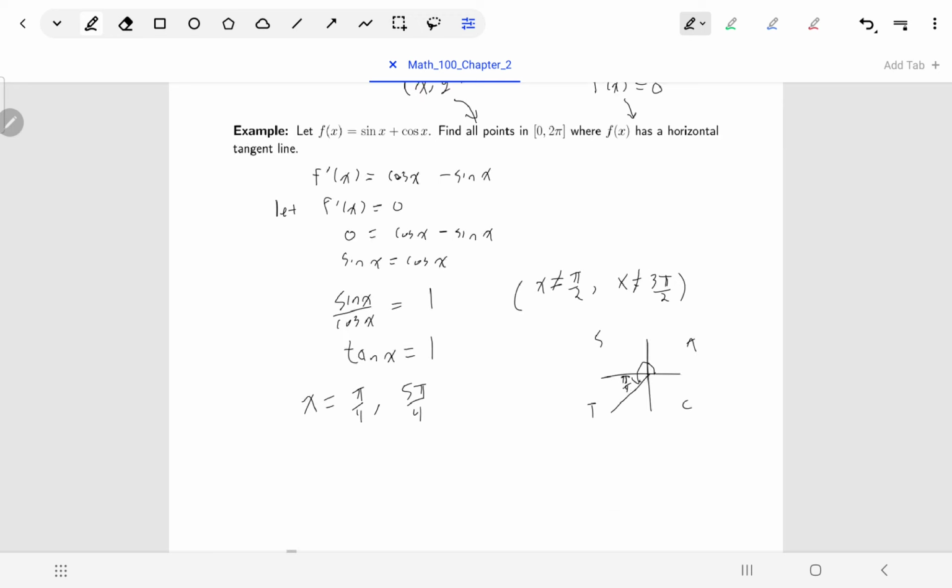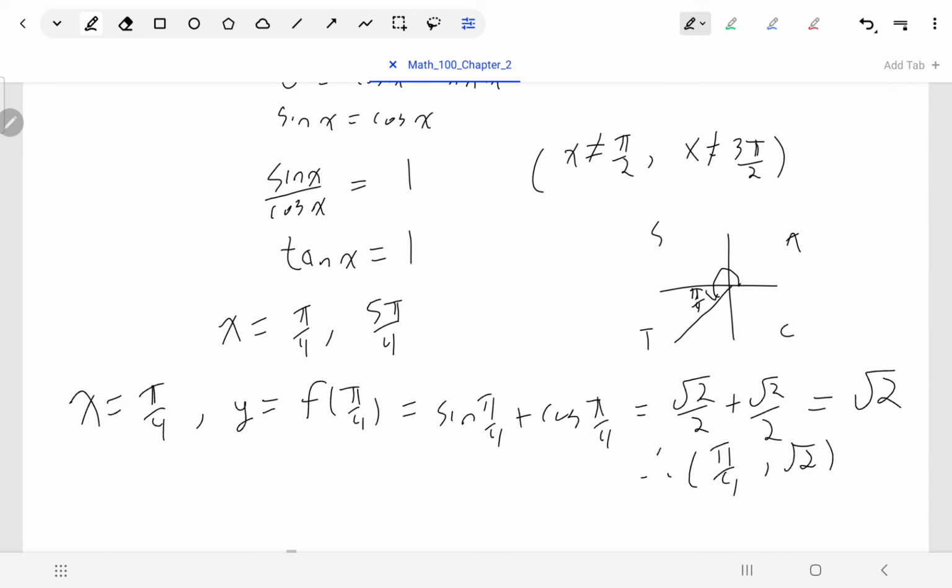For the second point, that would be when x is 5 pi over 4. The y value would be f of 5 pi over 4.